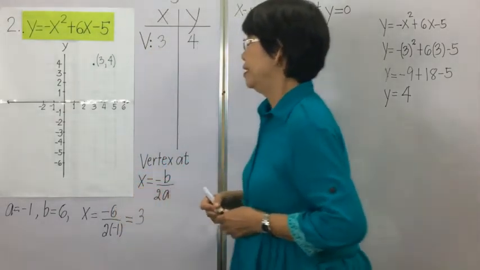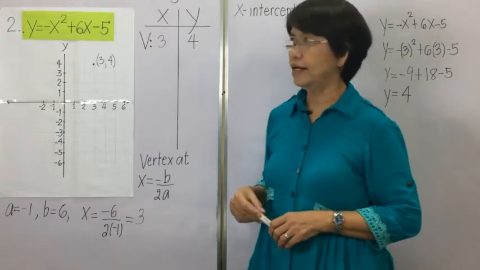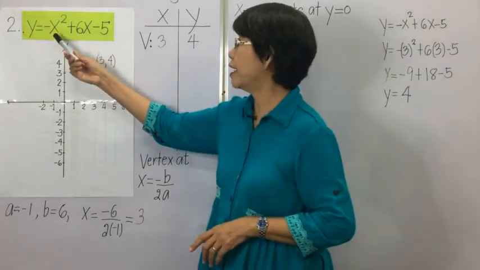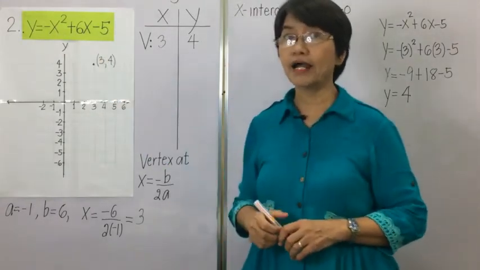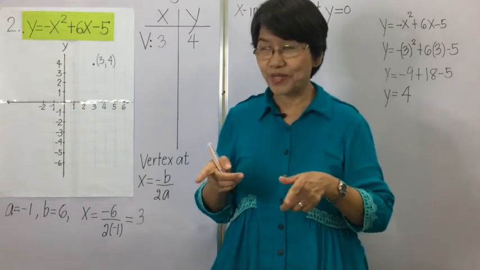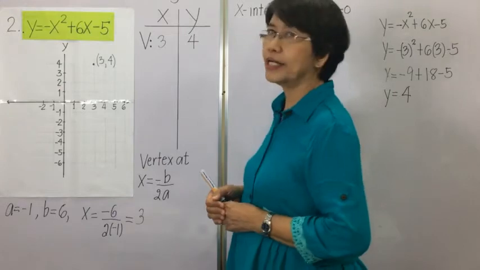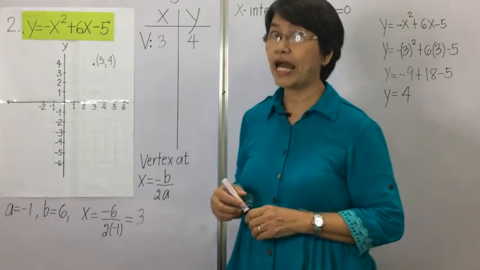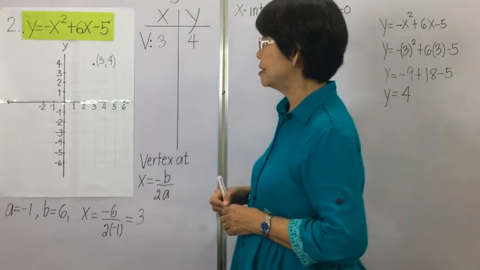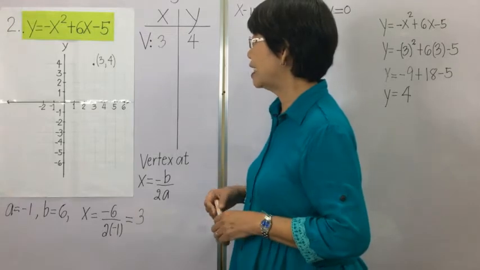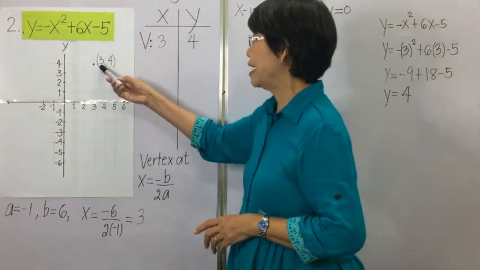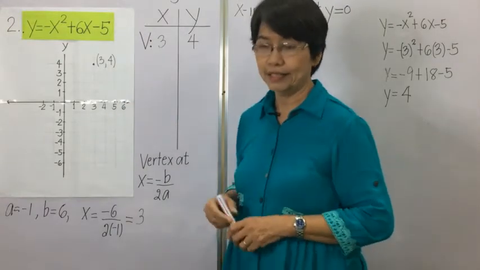Okay, and then since we have negative value for a, we expect that the graph is going downward. And we can already draw the line of symmetry, because the line of symmetry is at the value x is equal to 3.